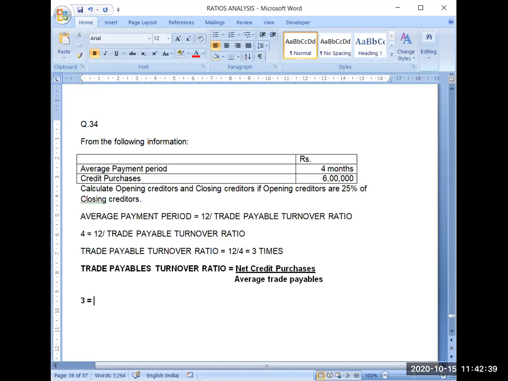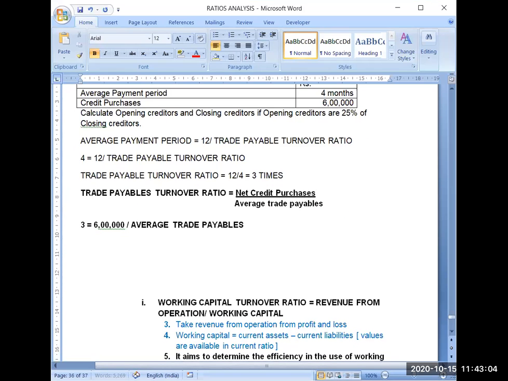It will be equal to net credit purchases, which are also given in the question, 6 lakh, divided by average trade payables. Average trade payables is unknown. So now with the help of this, we can calculate average trade payables.